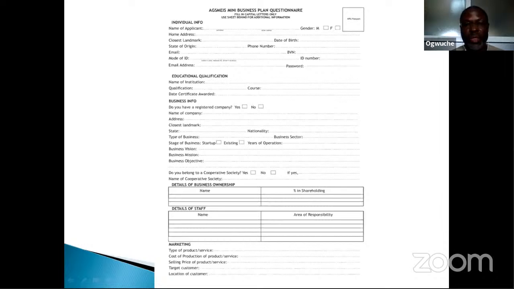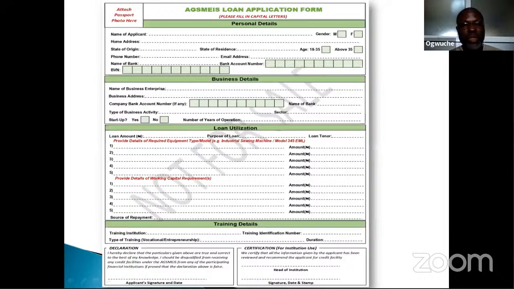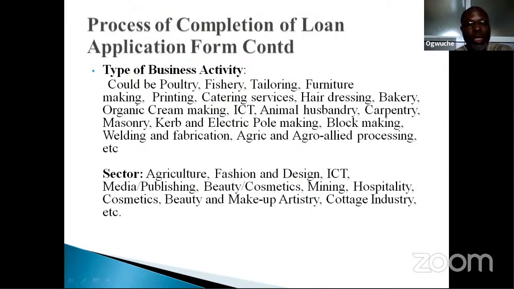Let's scroll forward so that we look at the various types of businesses that we have under consideration. Okay, you find in this page here, we have different types of business activities. These include things like poultry, fisheries, tailoring, furniture making, printing, catering services, hairdressing, bakery, organic cream making, ICT, animal husbandry, carpentry, masonry, cable and electric pole making, block making, welding and fabrication, agric and agro-allied processing.